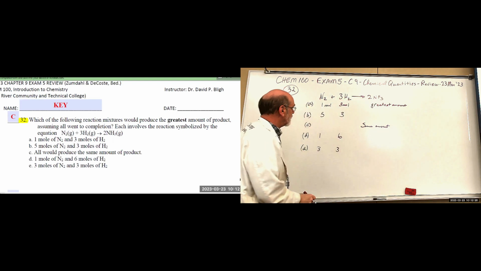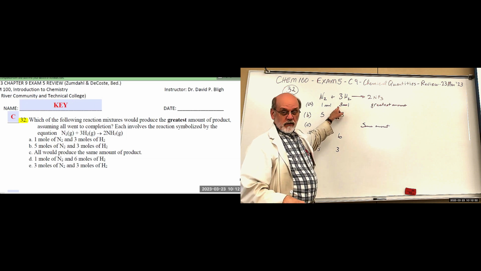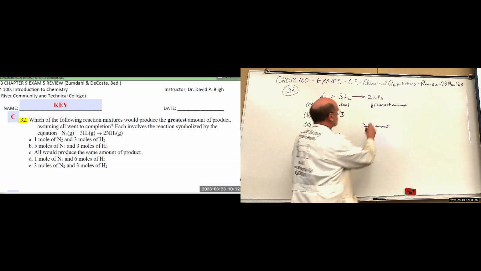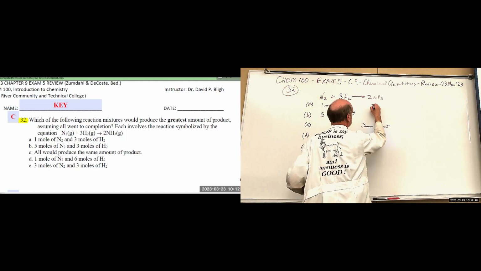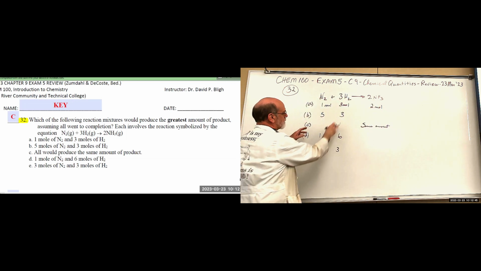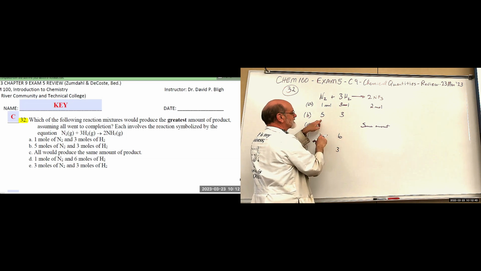All right. So if we have one of these and 3 of these, that is what we call a stoichiometric mixture. It's only going to produce 2 moles of that product. If we have 3 here and 5 there, that simply means that nitrogen is in excess.